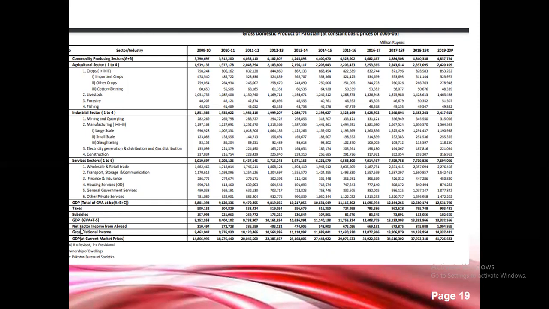Then you have to add net factor payment from abroad, which is the difference between the income received and the income paid to foreigners. You will get gross national product, and you can see the values. It is increasing over the past few years, right?